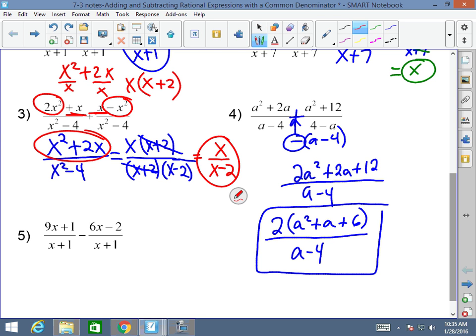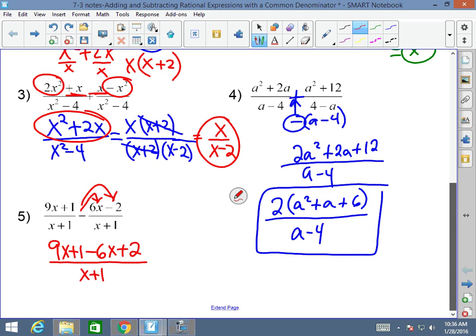Now here I can actually talk to you about distributing that negative because I have a denominator of x plus 1 on both. So now I would rewrite this as 9x plus 1, distribute that negative, minus 6x plus 2. I cannot tell you how important that is, gentlemen. Please, please, please focus on that. That is, bless you, the number one reason that most people get these wrong, especially for the subtraction.